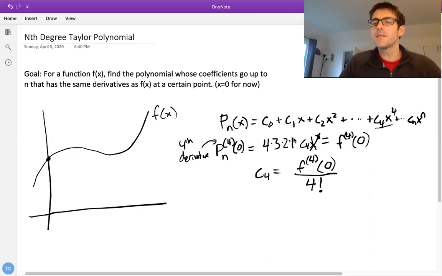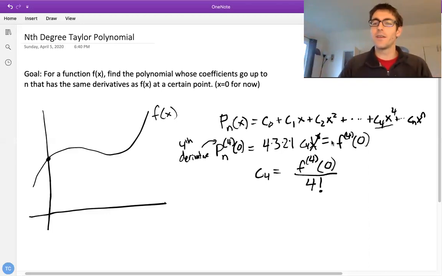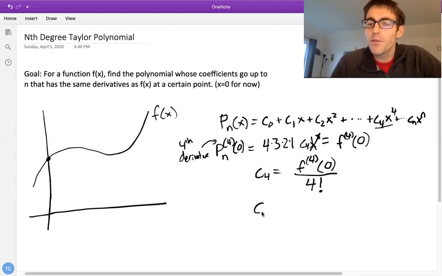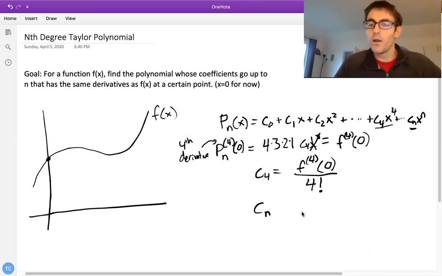Right? And this pattern, this pulling down of exponents in subsequent iterations of the power rule, is always going to show up. So the nth term, the term that goes out here, when we take the nth derivative of this, we're going to get n times n minus 1 times n minus 2, all the way down to 1.